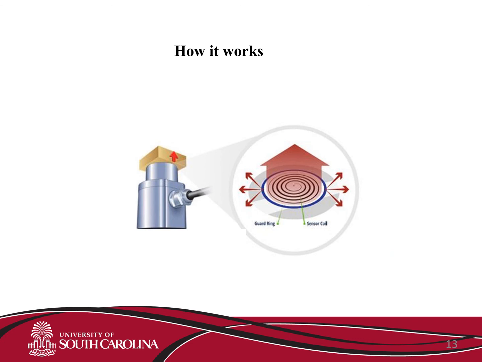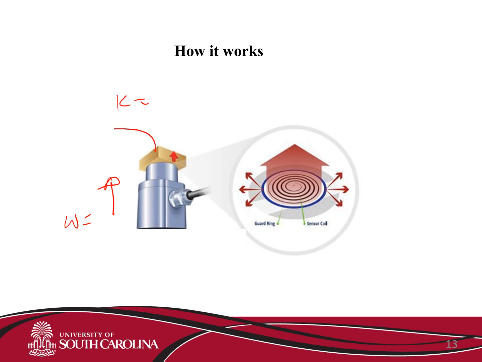And then how it works. So first, current is applied to the sensor. Current is applied to the sensor's spiral heating element. This is the sensor, and then we add the material that we are going to measure.